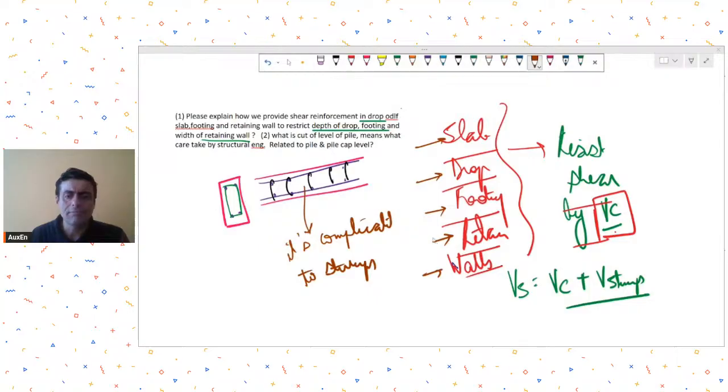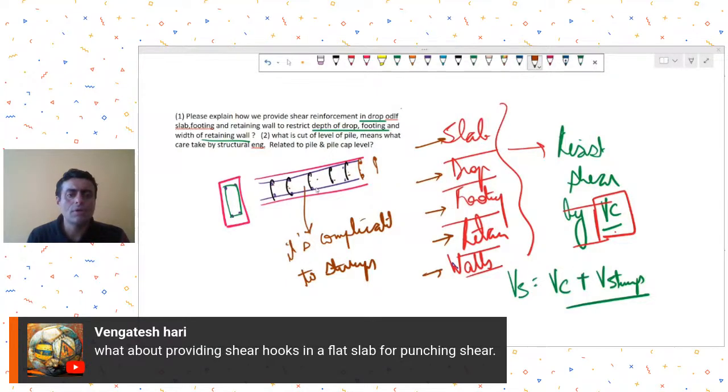It takes time because you'll have to keep on providing multiple links along the different reinforcements, and then you will also have to distribute them in the plan dimension. So it is complicated. Therefore, as far as possible, we try to avoid providing shear reinforcement in these types of elements.